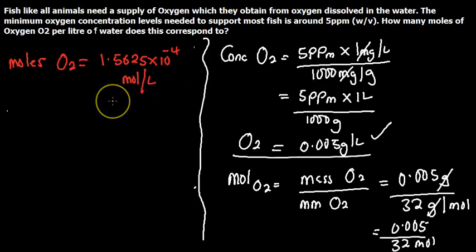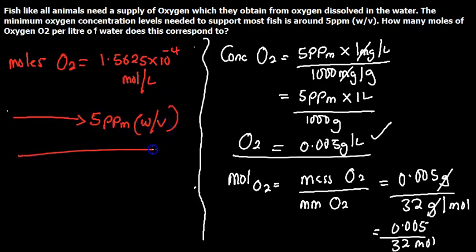So we can conclude at this point and say we have approximately 1.5625 times 10 to the negative 4 moles of oxygen per liter of water, which corresponds to 5 ppm, parts per million, weight per volume. And this is it for this problem.